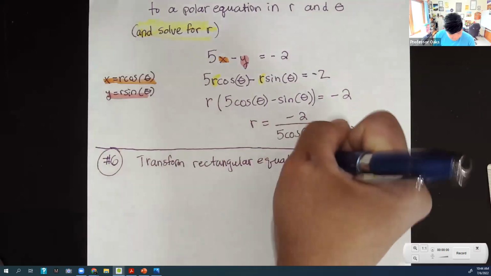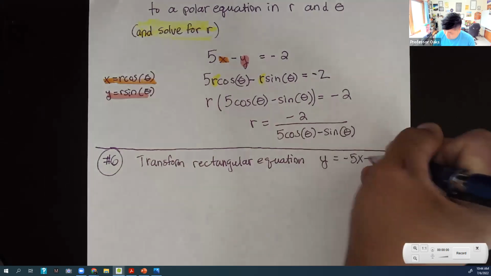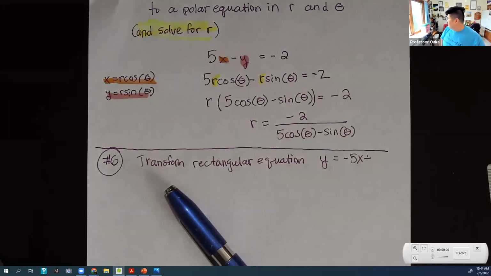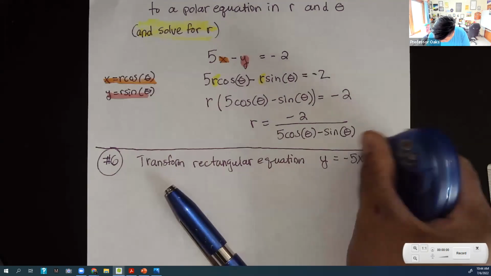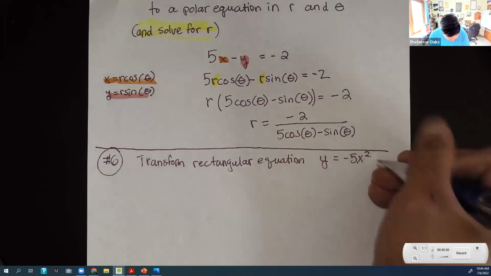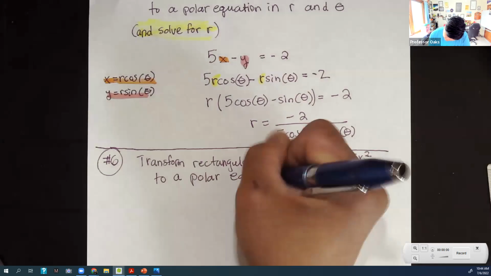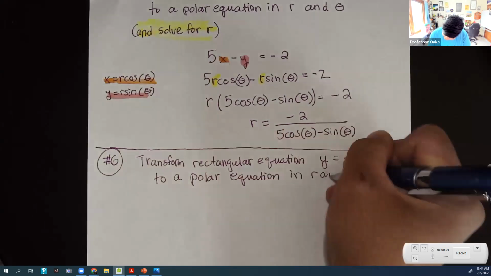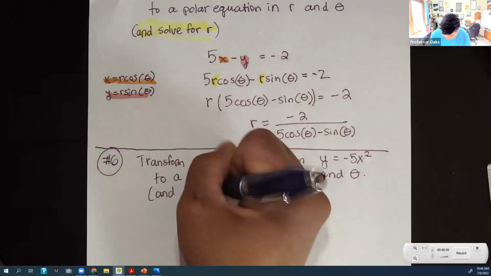So 6 would be: transform the rectangular equation y equals -5x squared to a polar equation. Sorry, it's -5, not +2; they had it really oddly printed on my page. And then again in r and theta, and we're going to solve for r again.